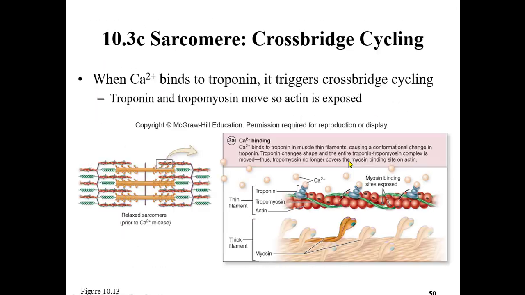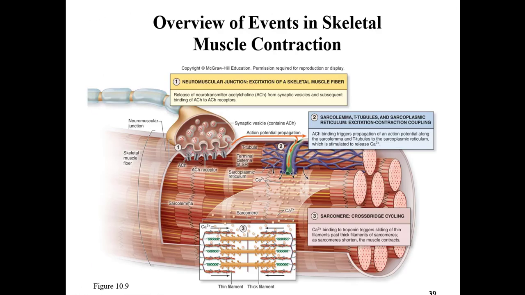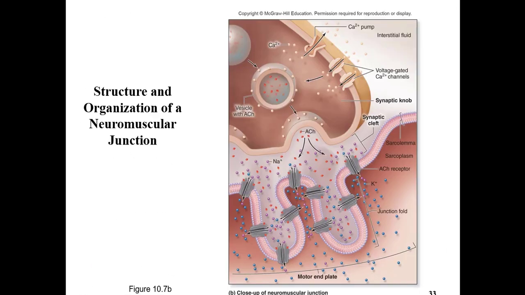Now let me explain how ACHE works. Again, going back to my classic picture. Once a muscle action potential forms, so once I have a muscle action potential moving down my sarcolemma, I want all of this to stop. How do I stop this? Because the muscle action potential is going to continue its story.